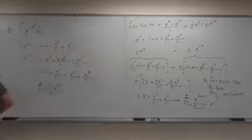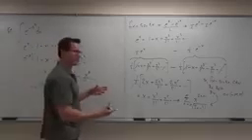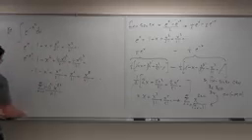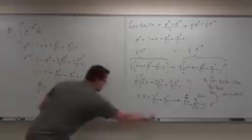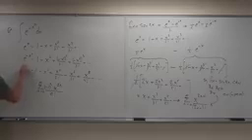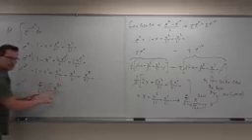Now, this is so cool. If we want to do the integral, well, since we know that this equals this, you believe that, right? And it converges for all real numbers.